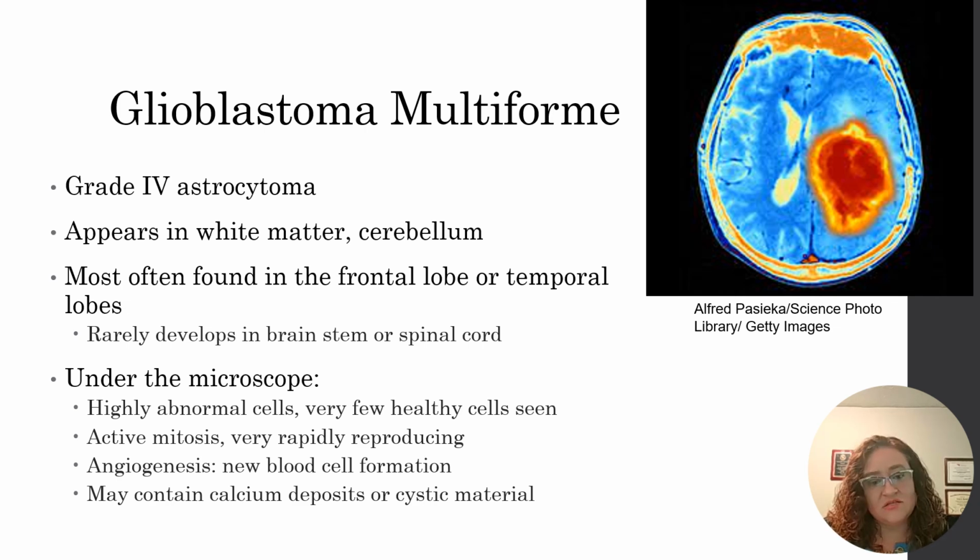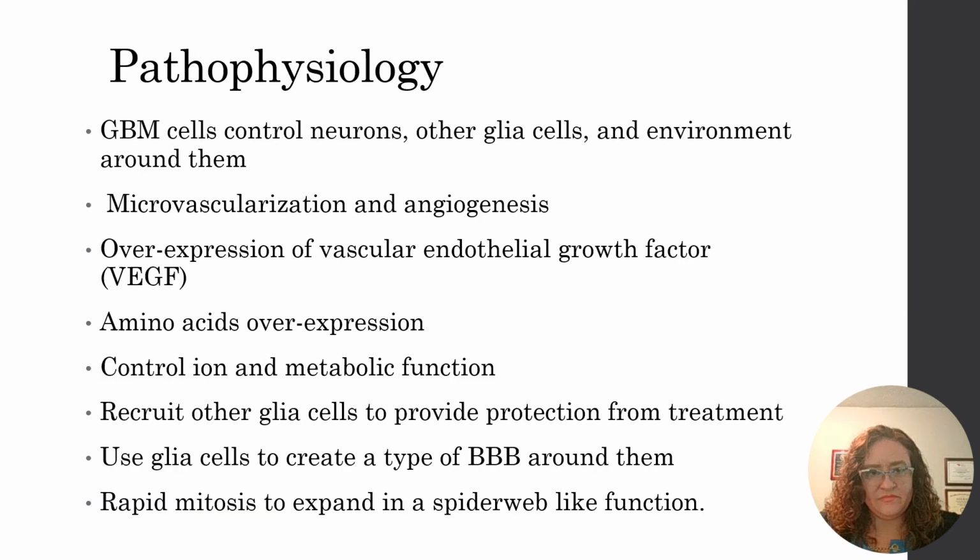And then under the microscope, you have highly abnormal cells, very few healthy cells, high mitotic activity, lots of angiogenesis, and they also may contain calcium deposits and cystic material. So recall that astrocytes, when they're functioning normally, control the neurons and the environment around them. When they become glioblastoma cells, they still do that.